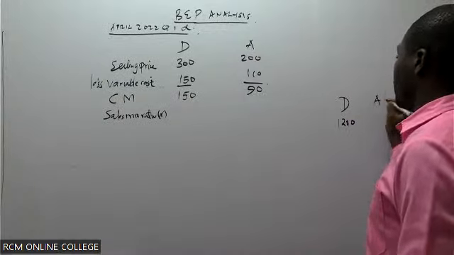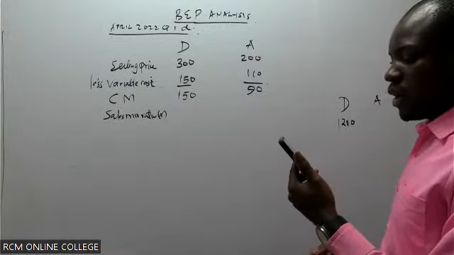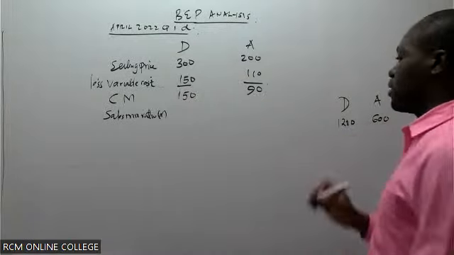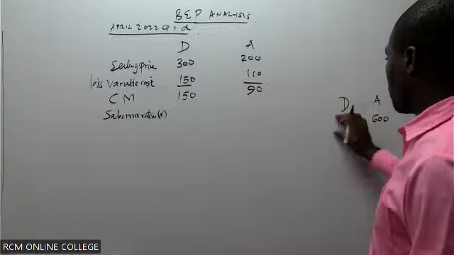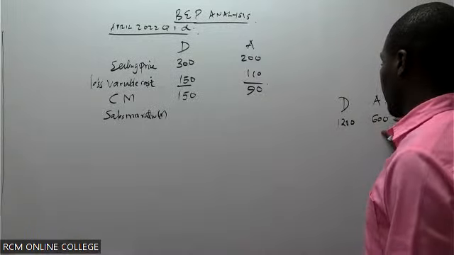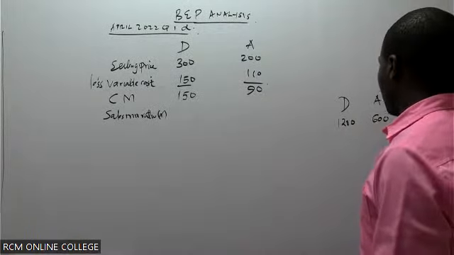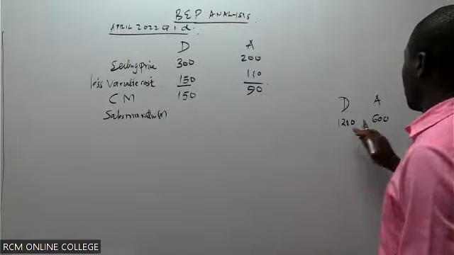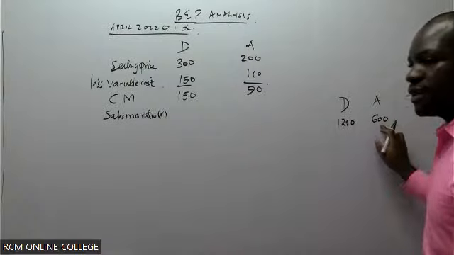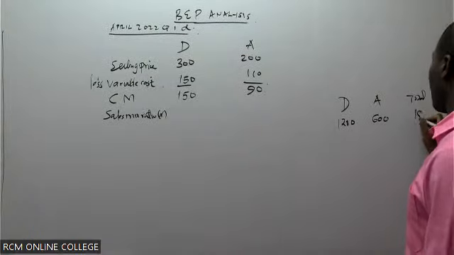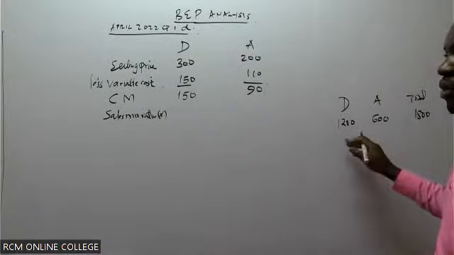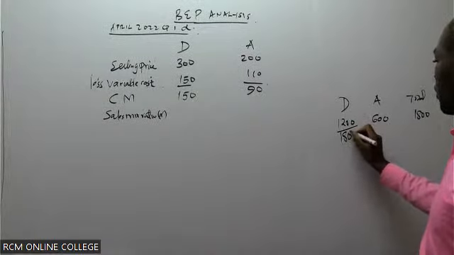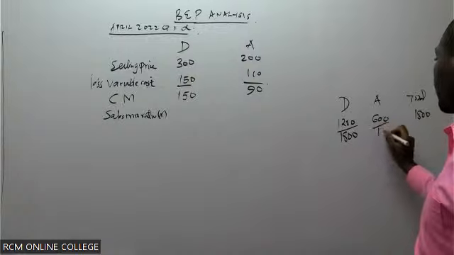For product A, the company has projected sales of 600 units. Total units: 1,200 plus 600 gives us 1,800. So of the total, D has 1,200 and A has 600.